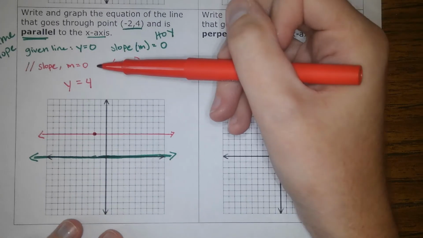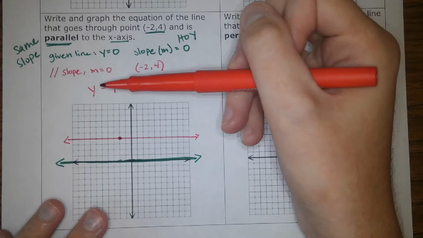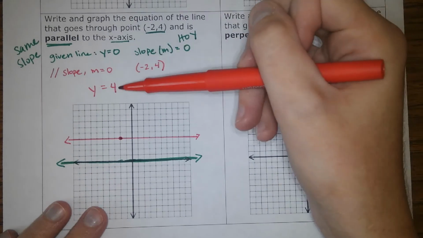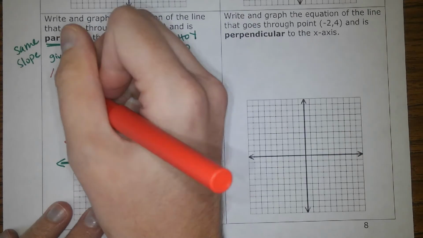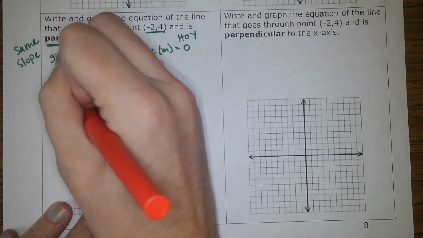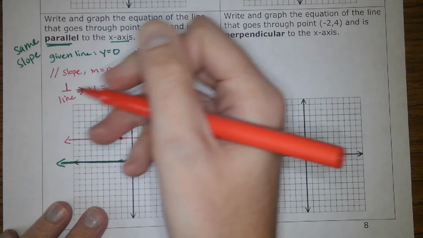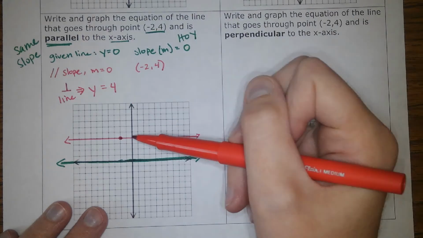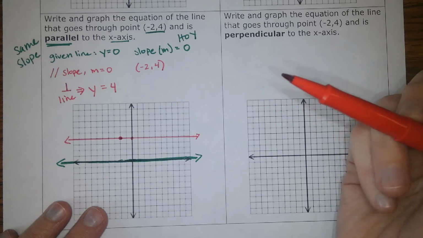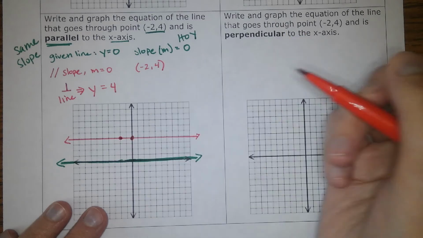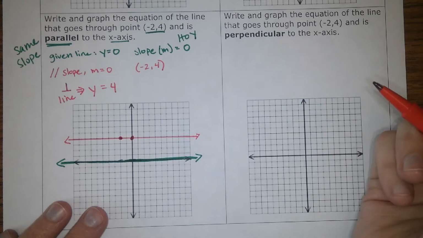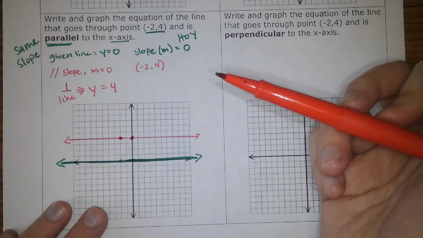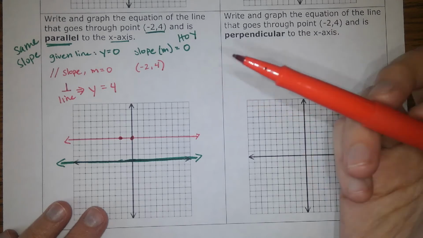And so that means if this was y equals 0, then our new parallel line would also be y equals whatever the y value is, because that's where it crosses your y-intercept, which is right there, y equals 4. Okay? So that is how you write the equation of a line that is parallel to a horizontal line.